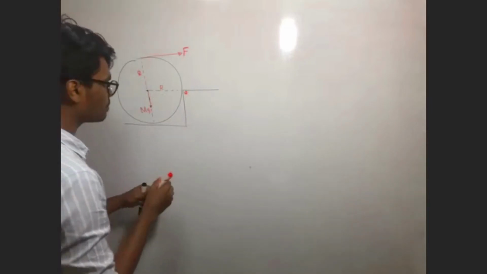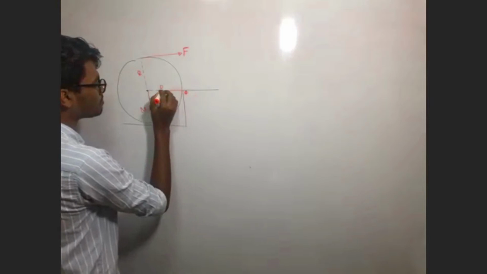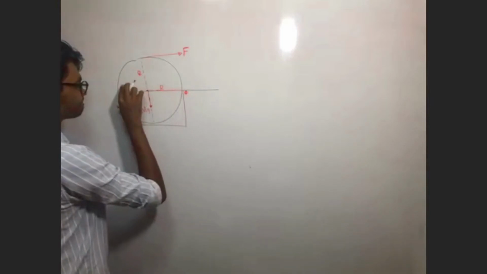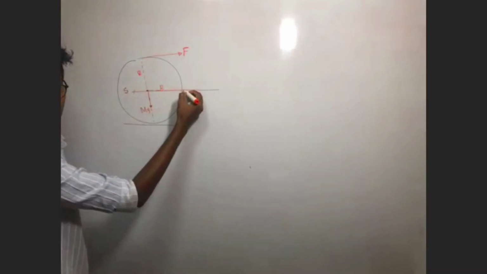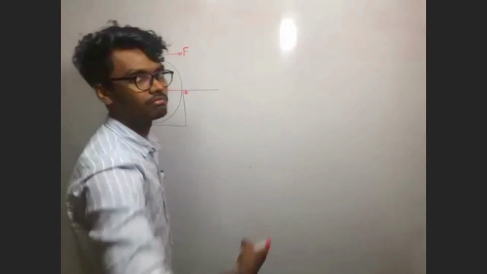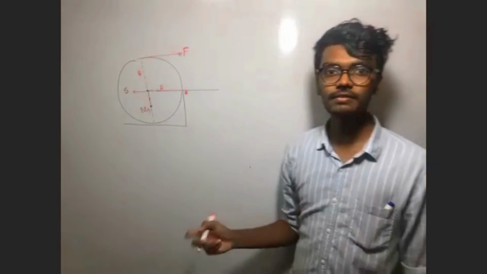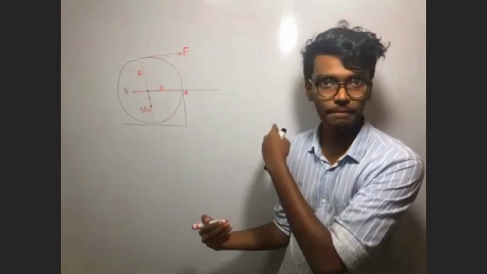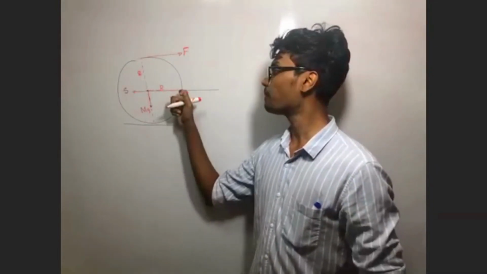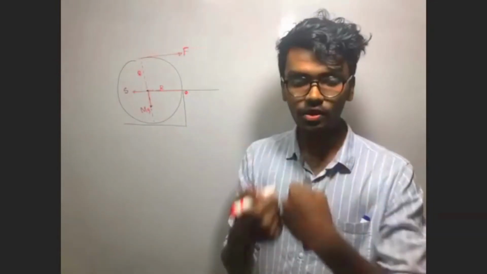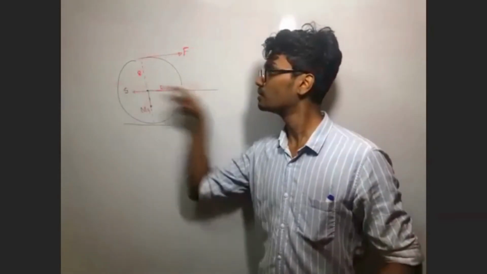So always it is going to have a reaction. This point is in contact until the coin is completely pulled up. Always this point O is going to be in contact with the coin, which means there's always going to be a reaction.